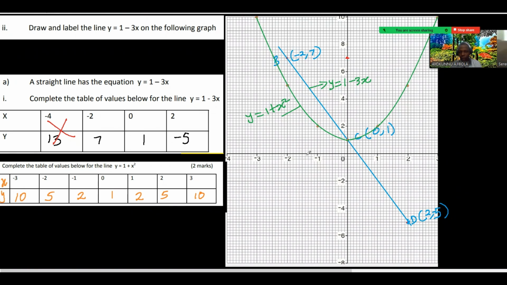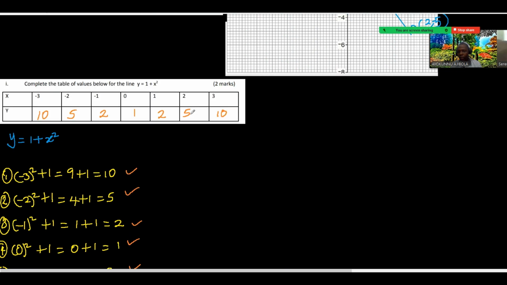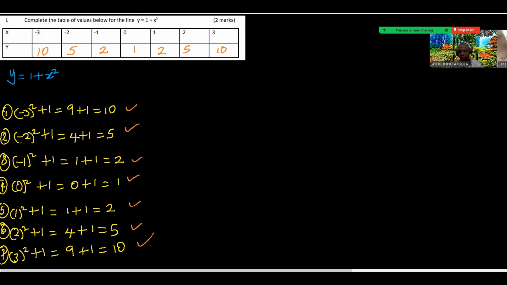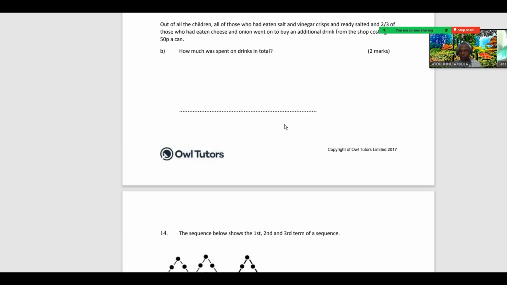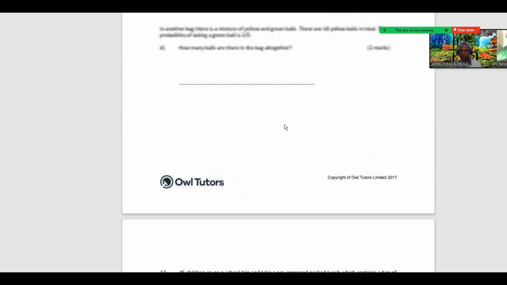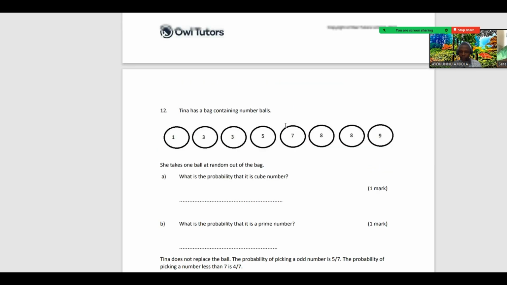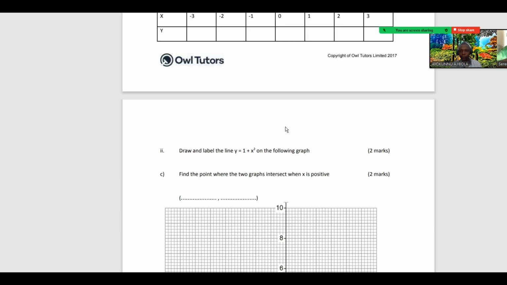Okay, good. So there is another question there after the table. It says we should find the point of intersection. Let me see. Let's see the question.